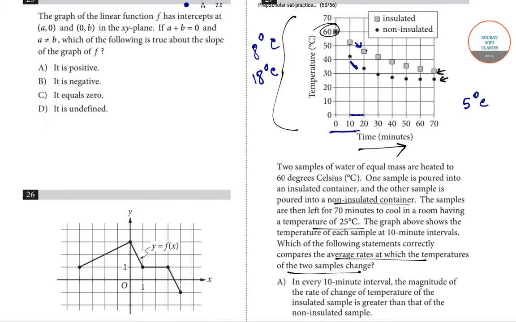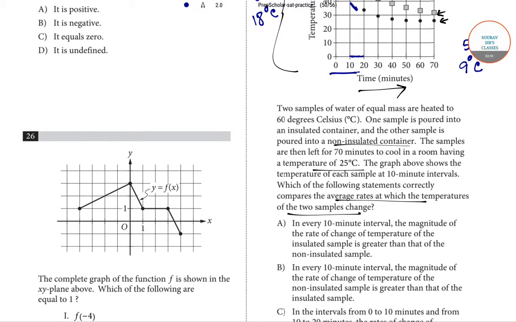Now this has decreased from 42 to almost 33, that is 9 degrees Celsius. So the rate of decrease in temperature of the non-insulated sample is greater than the rate of decrease in temperature of the insulated sample in both the first 10 minutes interval and the second 10 minutes interval, that is 0 to 10 and 10 to 20.